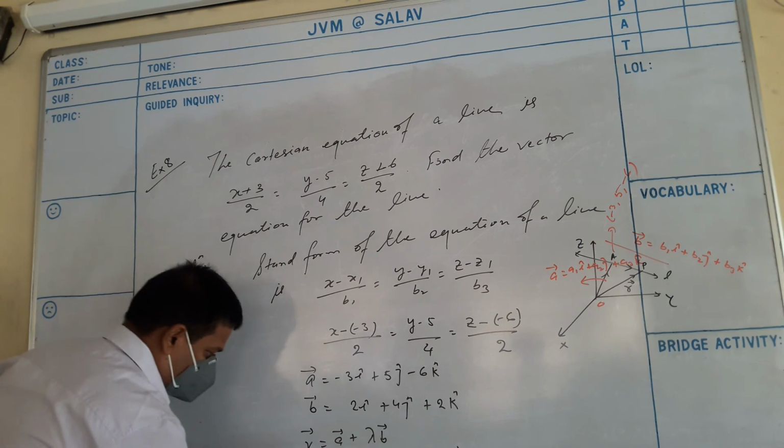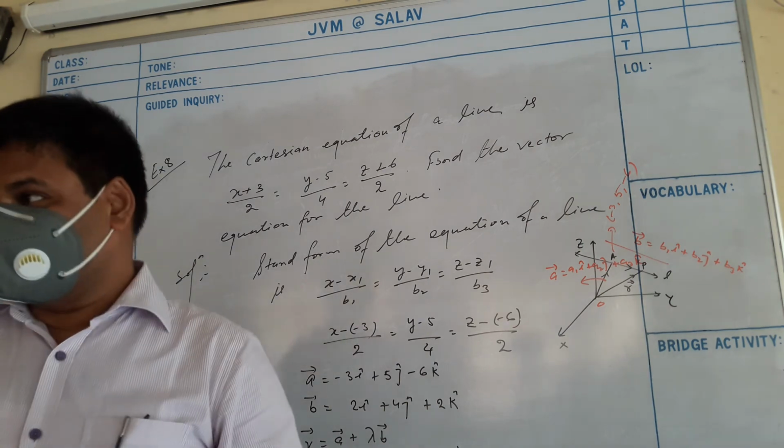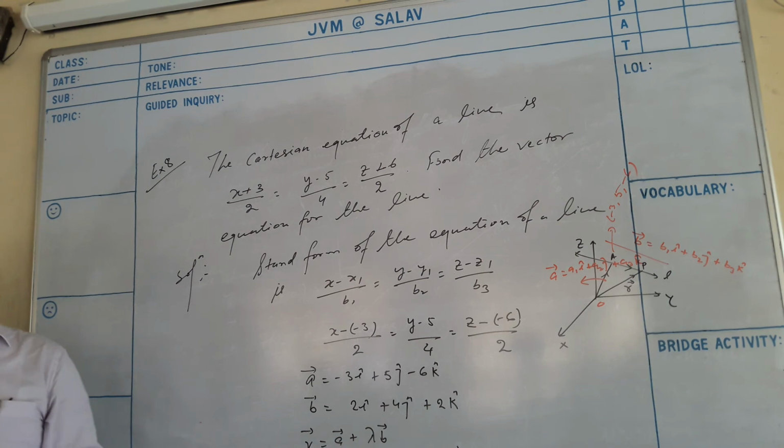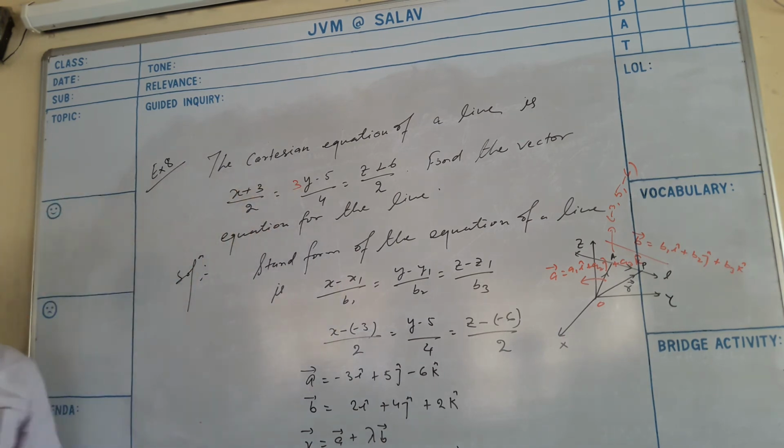Any doubt? Now I am going to twist the question. I am writing here, in place of y, 3y. Clear?